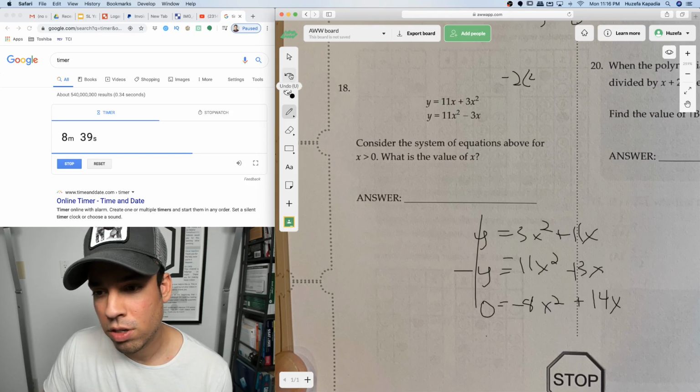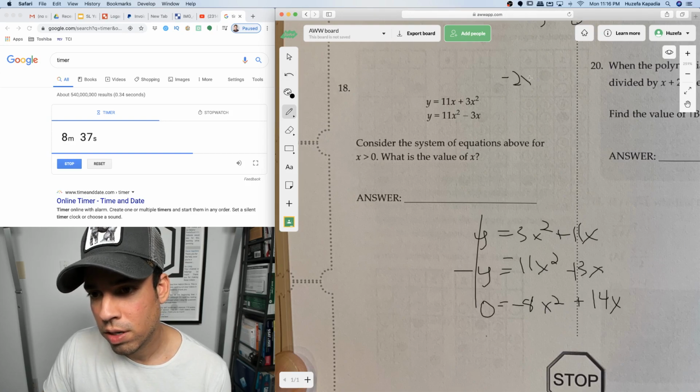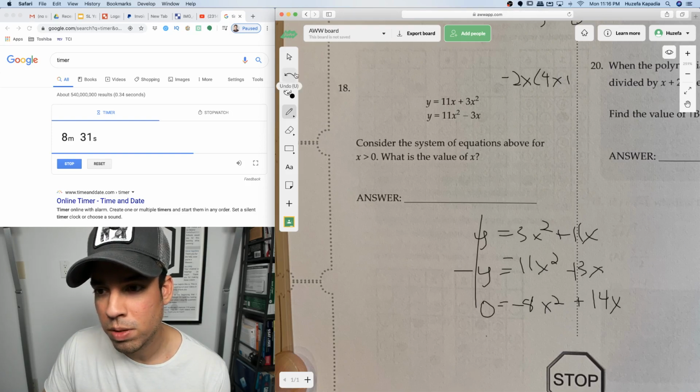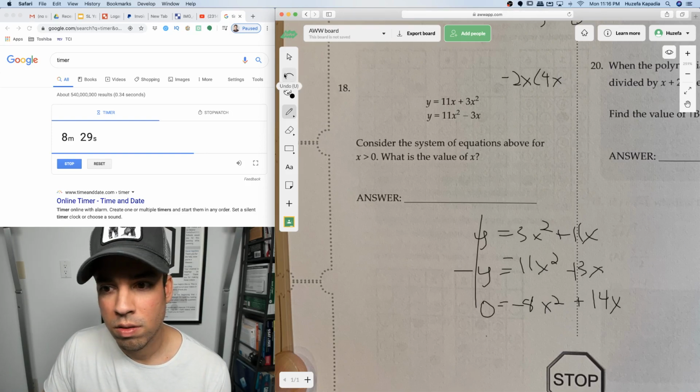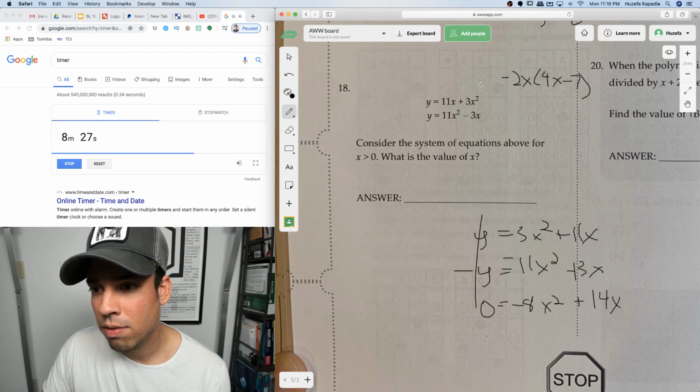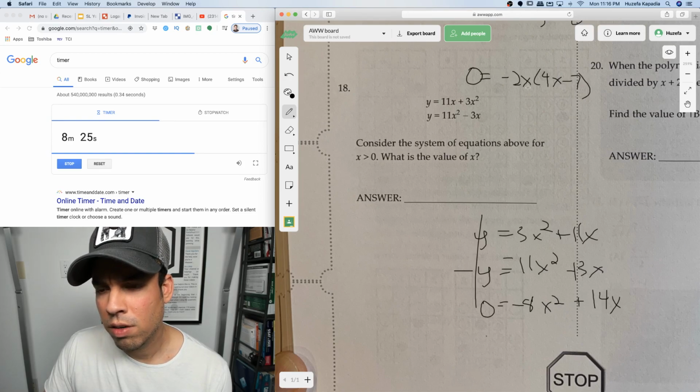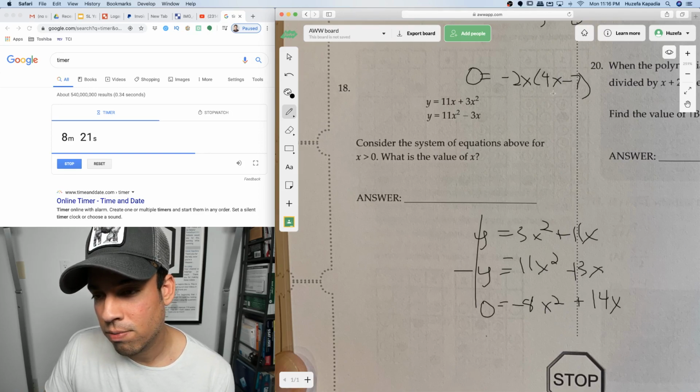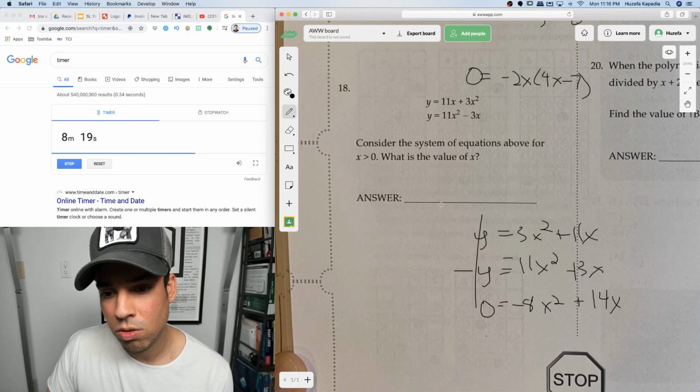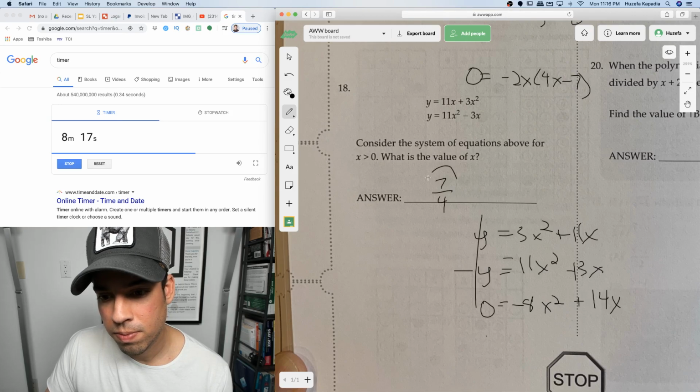Oops. Factor out negative 2x times 4x plus 7, right? No, minus 7, excuse me. Minus 7 equals 0. And of course, 0 is one of the solutions, but x is greater than 0. And the other one is 7/4, right? 7/4 makes this go to 0. Okay.